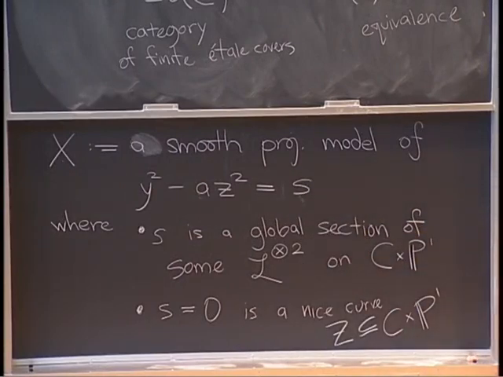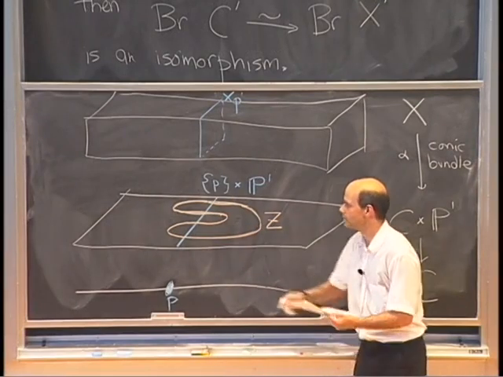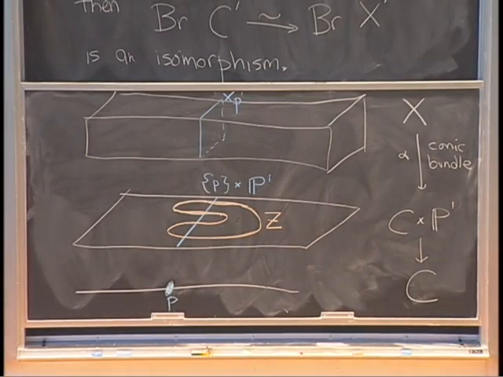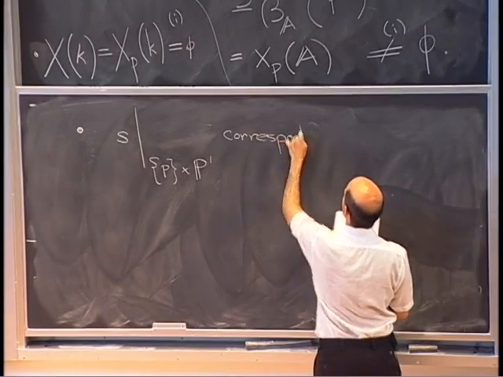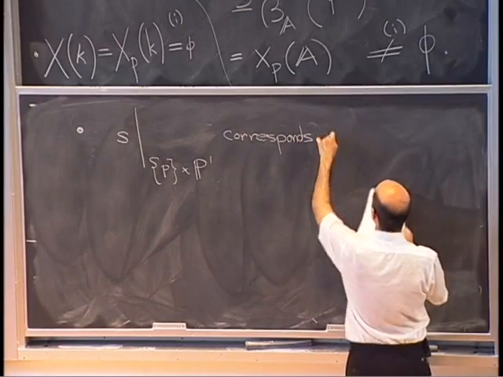It's going to cross in 4 points. So when you restrict this to that blue line, this is now a section of a line bundle on P1, so it's some homogeneous binary form. If I dehomogenize, it will correspond to just some polynomial in one variable.